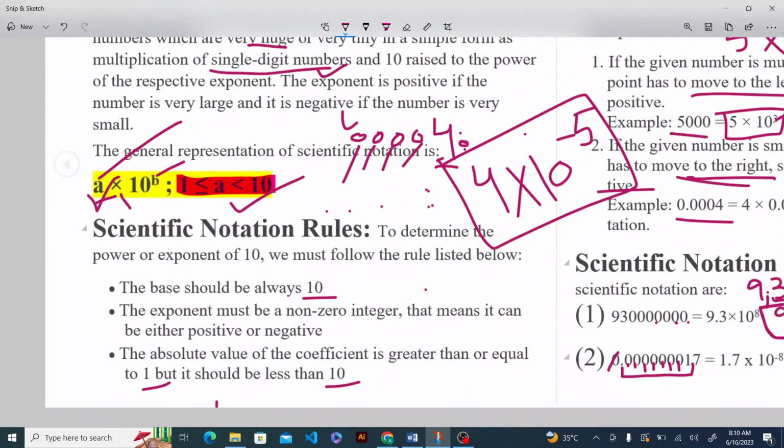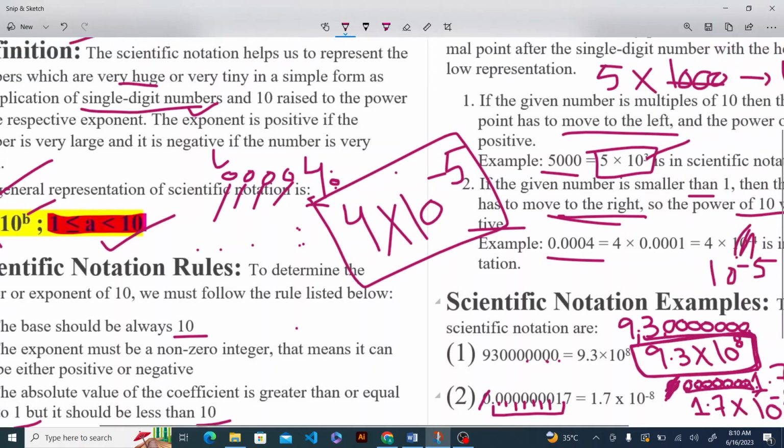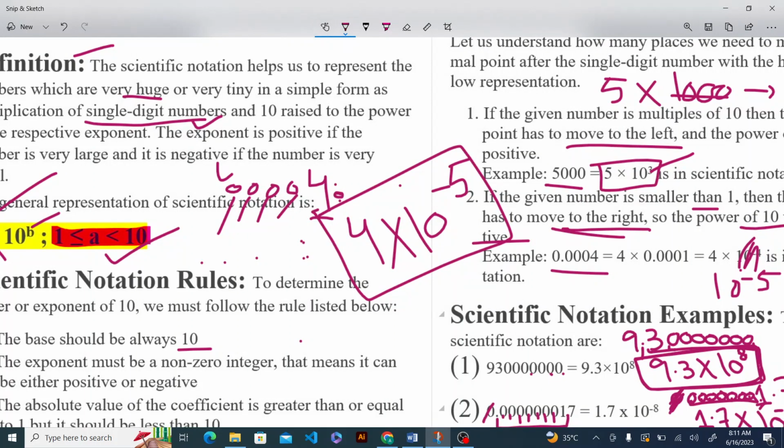Sorry for the inconvenience. We saw this example here, this one 0.0004. When this point will be shifted after this 4, we don't need to write 4.0, it is 4 multiplied by 10 raised to power minus 4. It will not be minus 5, it will be minus 4, because this 0 will not be counted, because from here we have moved the decimal point.